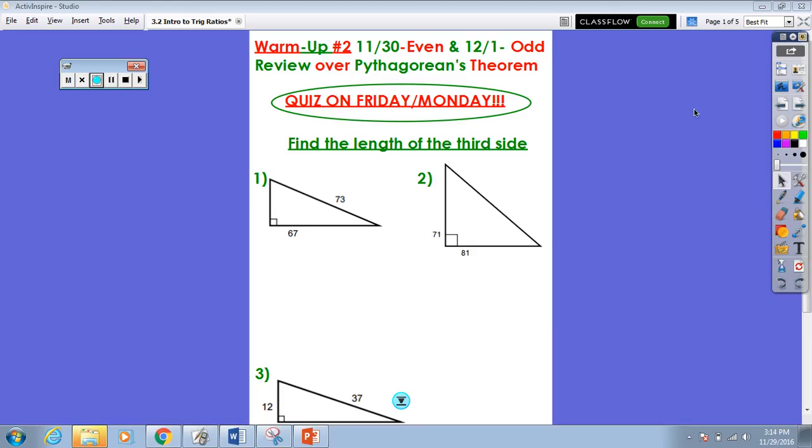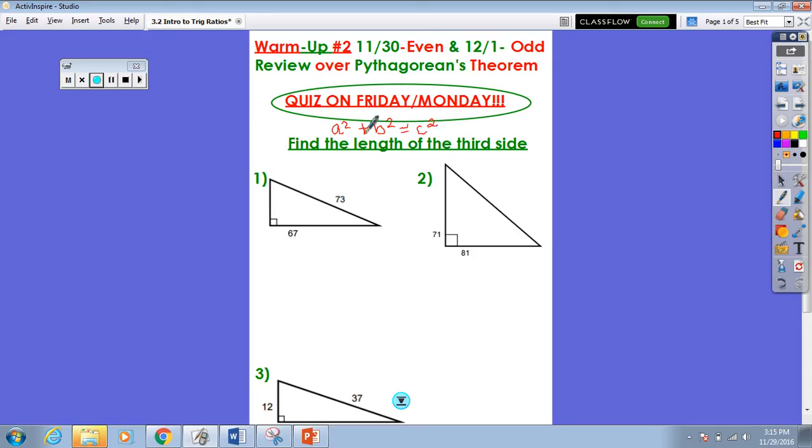Okay, so let's review Pythagorean's Theorem. Alright, so remember the formula that we're using here for all of these problems is a squared plus b squared equals c squared. And the most important thing to remember is that C is the diagonal side.